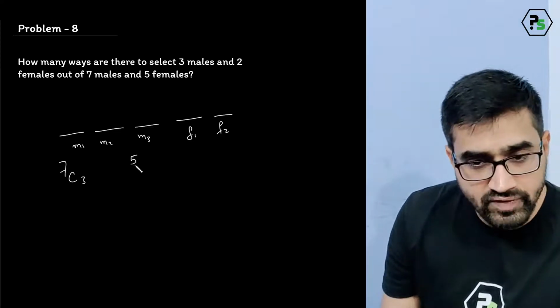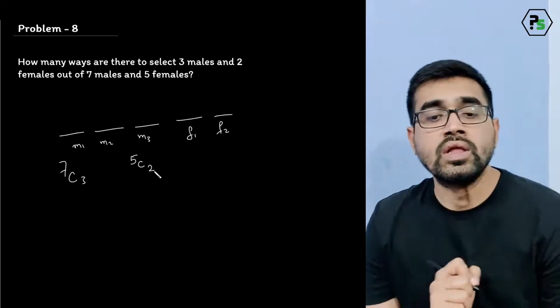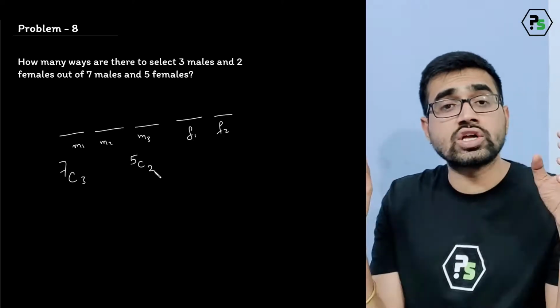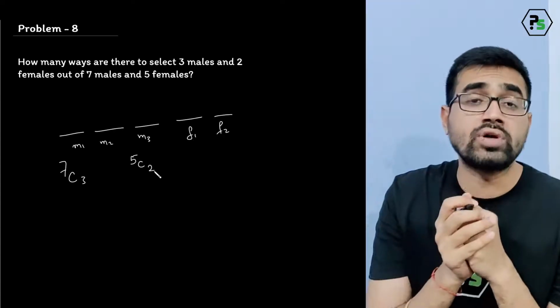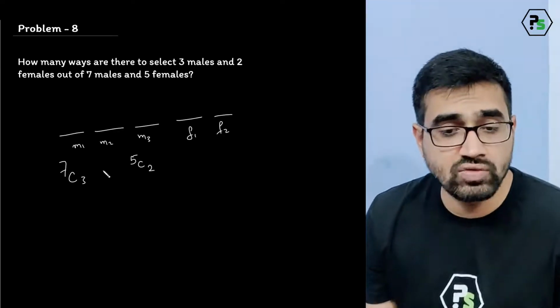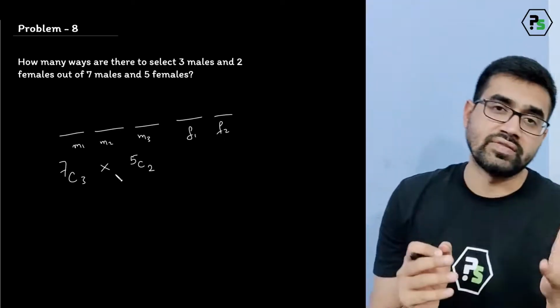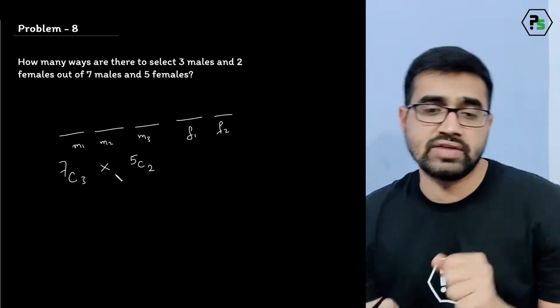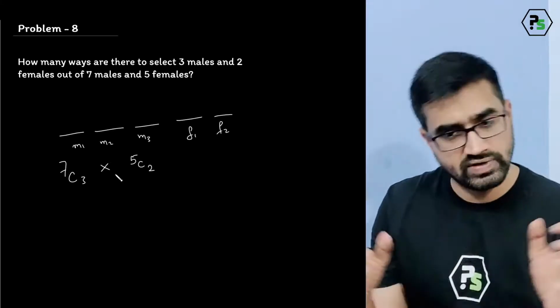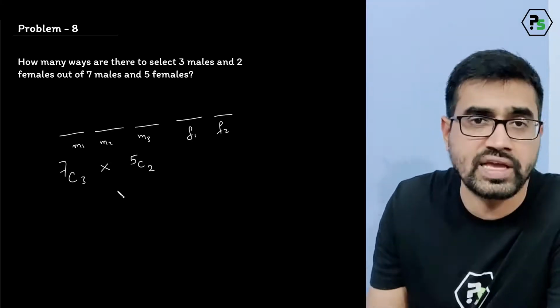So it can be done in 5C2 ways. So what I will do, I'll say this is the multiplication. They can be selected in 7C3 ways, and they can be selected in 5C2 ways. So for the total, you just use the multiplication rule here.